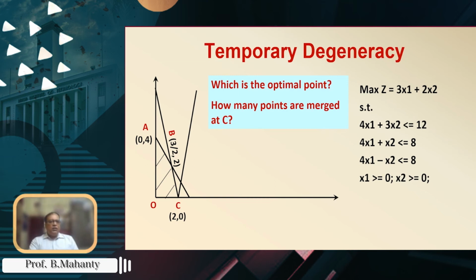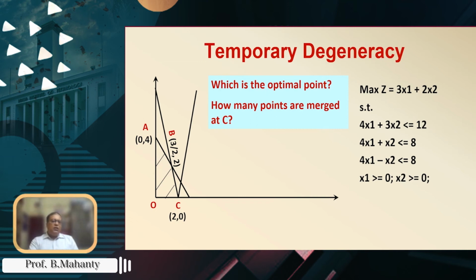All right. So how many lines are merged at C? See, there are three constraint lines. One is the axis. One is the constraint line 4x1 plus x2 equal to 8. And this constraint line, 4x1 minus x2 equal to 8, has merged. So basically there are 3 points that have merged, C1, C2, C3. It is possible that you keep moving from one to the other.